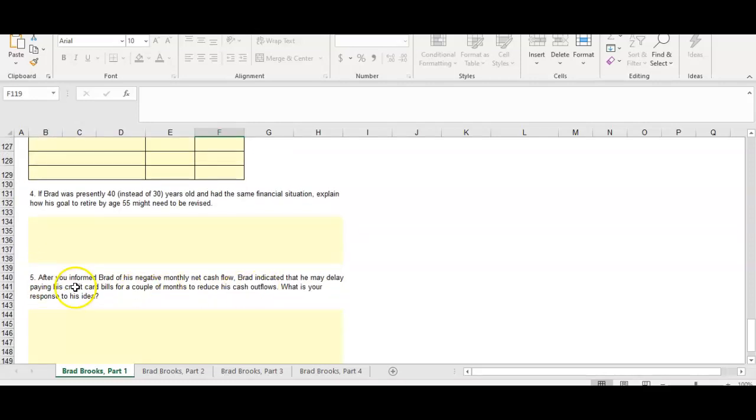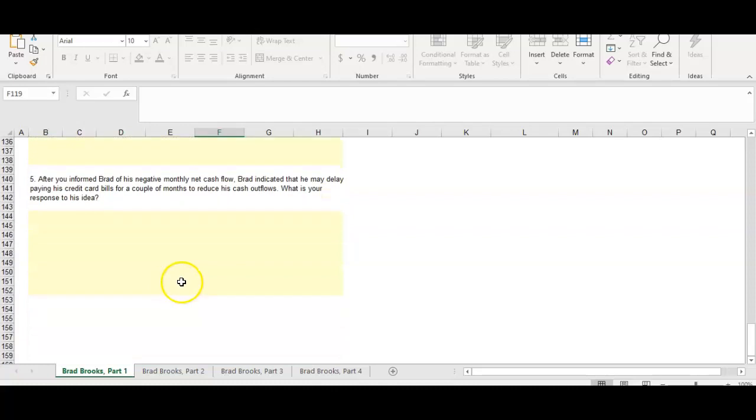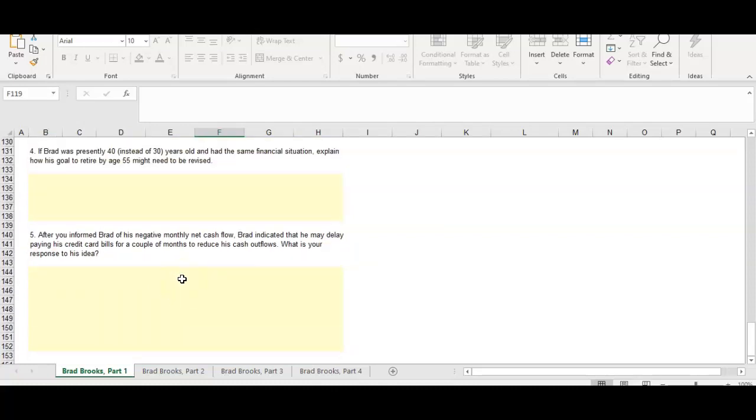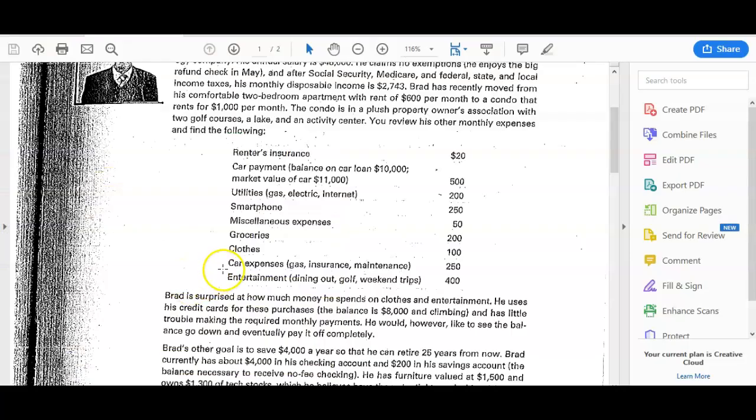Or, after you inform Brad of his negative monthly net cash flow, that's a hint to you. It's telling you already that his cash flow will be negative. Brad indicated that he may delay paying his credit card bill for a couple of months to reduce his cash flow. What would be your response to this idea, again, based upon your study of these different chapters?